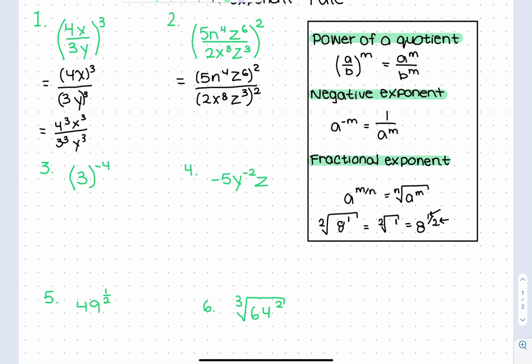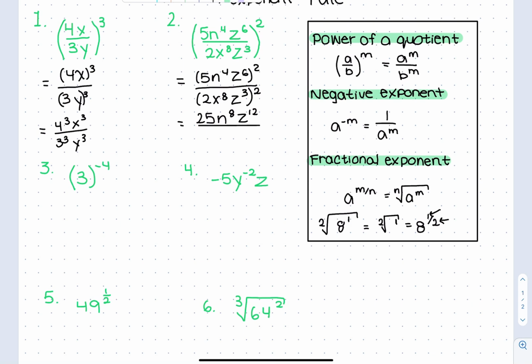Now, if we remember that when an exponent is raised to an exponent, they get multiplied, we have 5 squared on top, and 5 squared is 25. We then have n to the 4 to the 2, which gives us n to the 8. Then we have z to the 6 to the 2, which gives us z to the 12.